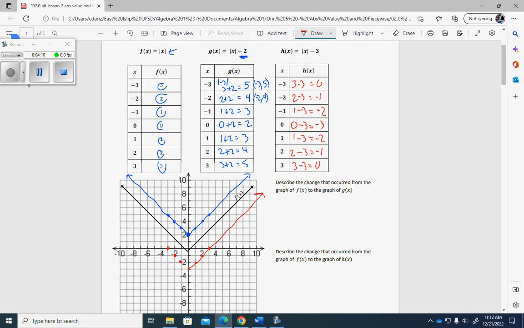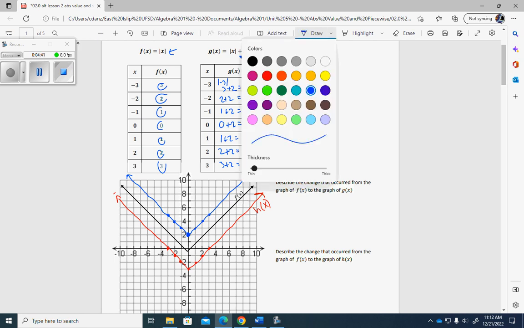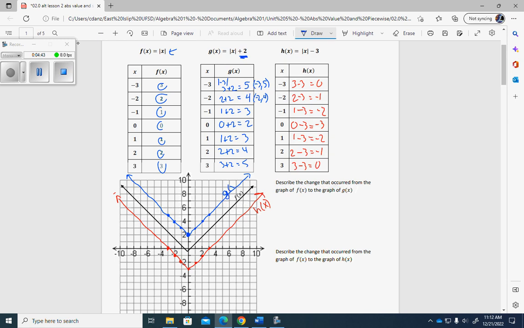It's hard for me to draw my lines with this special pen that I'm using, but I could see the pattern of the points. It's going up 1 over 1. So I'm making sure that my line passes through the correct points. Something I didn't do was label my function g. This is function h, and I'm going to go back and label function g. And what's nice about this function notation is I just have to write the name of the function and not the whole expression here.